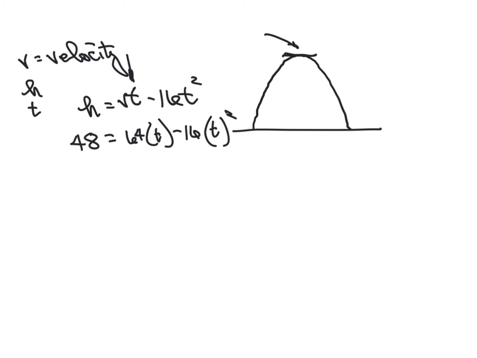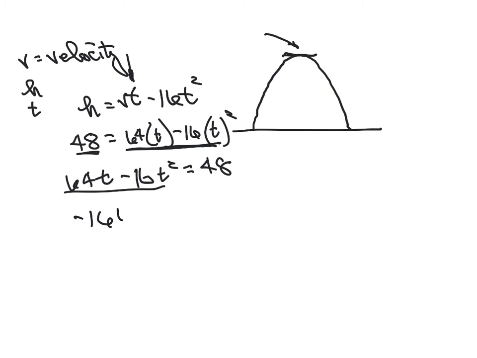Okay, so let's clean this up. I'm going to switch these two around just because I like to have my t's on one side. All I did is switch them around. You don't have to change the sign, you don't have to do anything, but it keeps everything on the left. I'm also going to switch these two around so that my t squared is first.